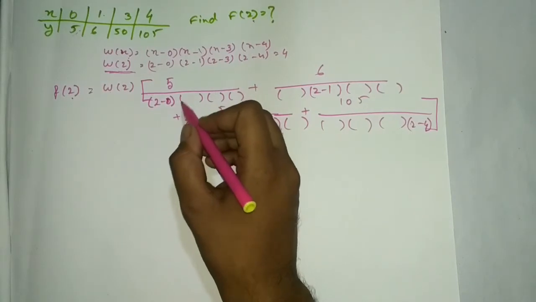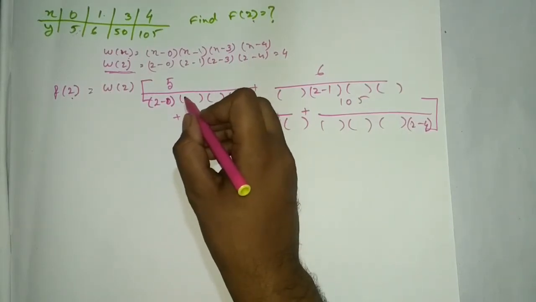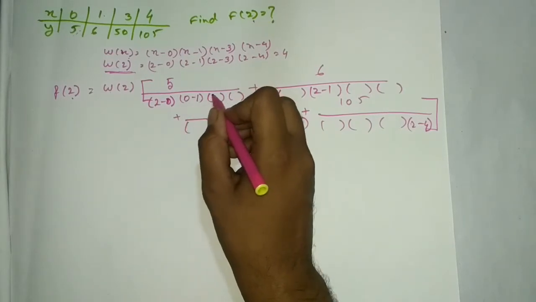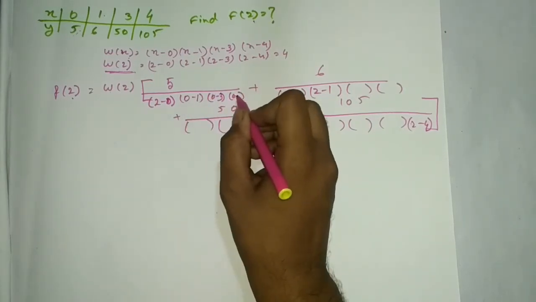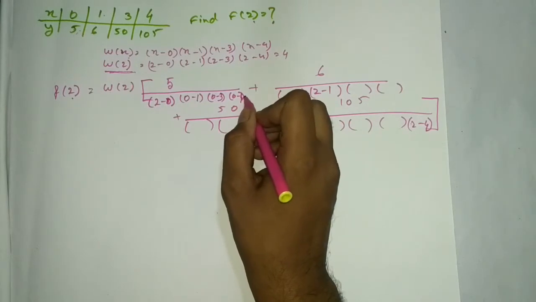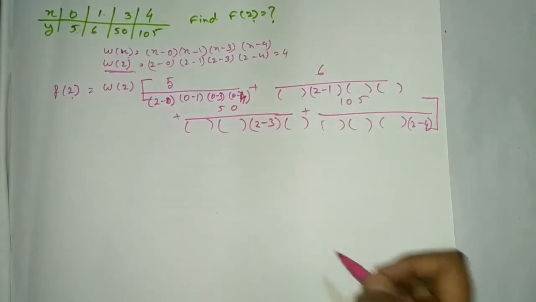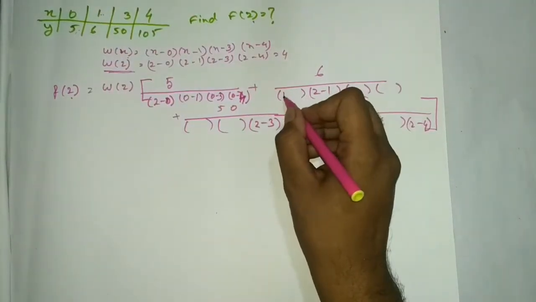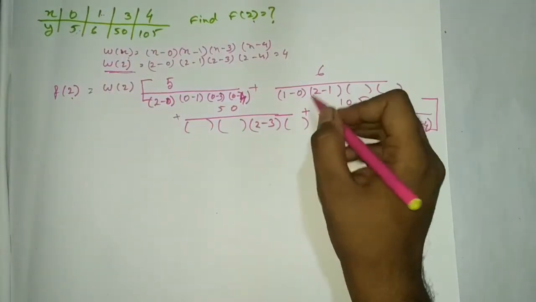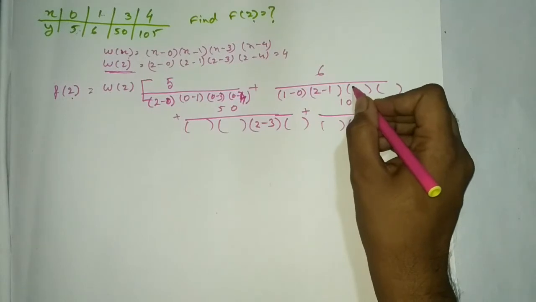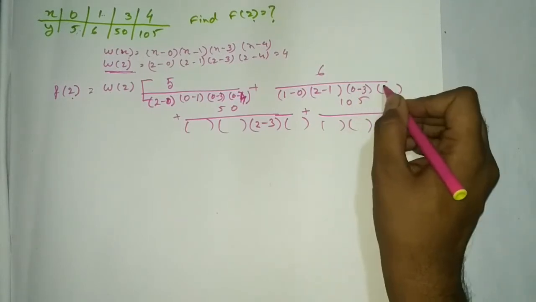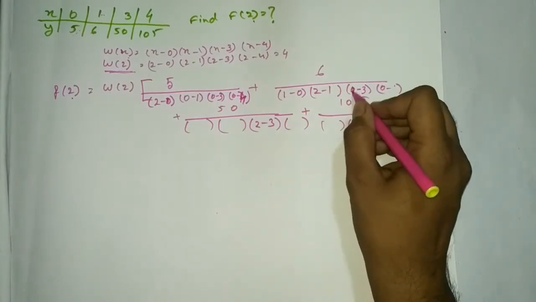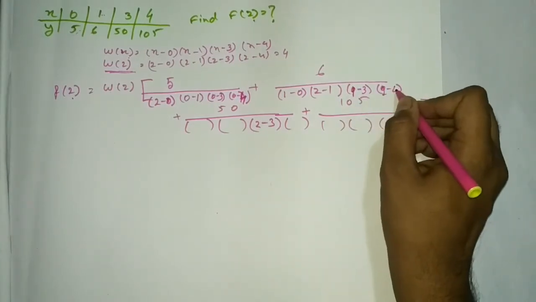The remaining terms of the denominator for the first part will be the first x value minus the other x values, I mean 0 minus 1, 0 minus 3, 0 minus 4. For the second part, it will be the second x value minus the other x values: 1 minus 0, sorry, it will be 1 minus 3, 1 minus 4.